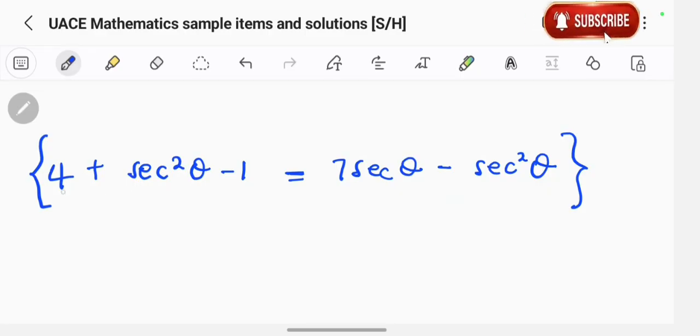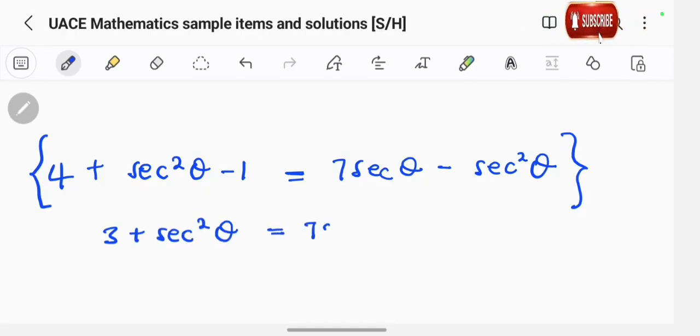So from this, having 4 minus 1 gives us 3 plus sec squared theta equal to 7 sec theta minus sec squared theta.